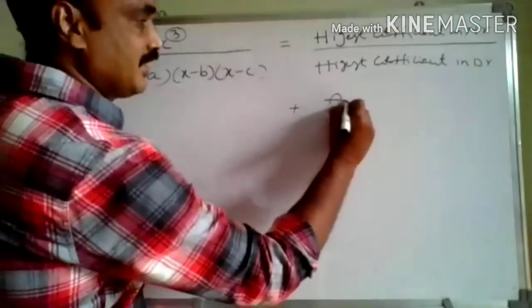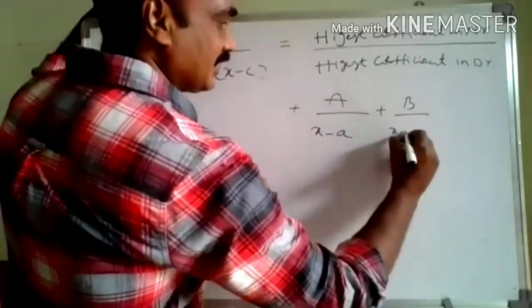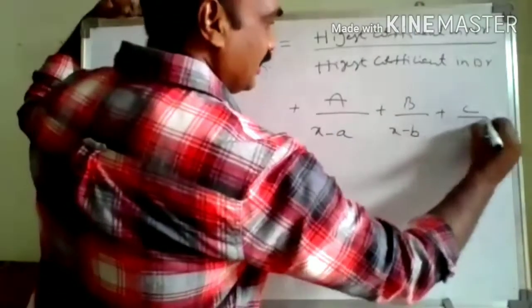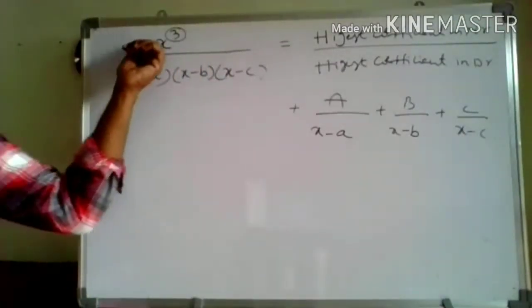This is the first model. Partial fractions is equal to a by x minus a plus b by x minus b plus c by x minus c.